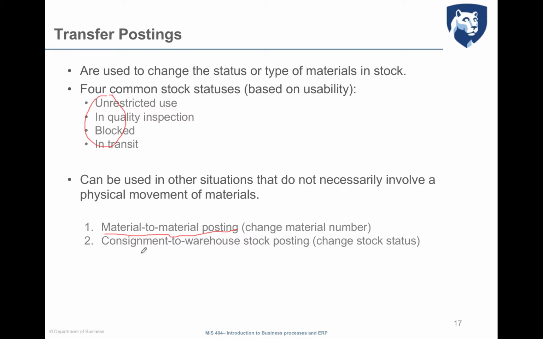Another type of example is consignment to warehouse stock posting. I don't know how much you know about vendor managed inventory or consignment stock. Very briefly, these are typical logistical collaborations between supplier and the buying company, where the inventory of the customer is directly owned and managed by the supplier in order to avoid stock out or to optimize stock level and so on.